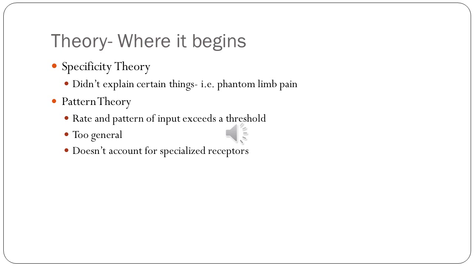So the next thing they looked at was the pattern theory. What the pattern theory looked at is when pain occurs, and basically when the rate and pattern of sensory input, in other words, once sensory input exceeds a threshold, what they felt was that's what caused you to experience pain.